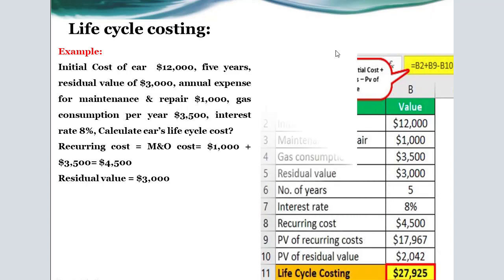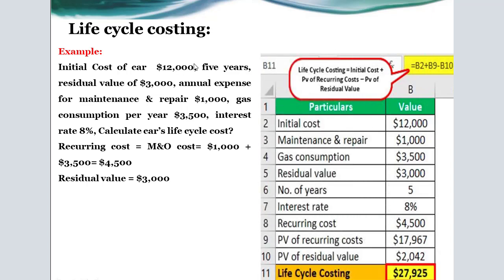So we will apply this information in the Excel sheet. As we see, we put this information: initial cost, maintenance and repair, gas consumption, residual value, number of years, interest rate, recurrent cost, and present value of recurrent cost.